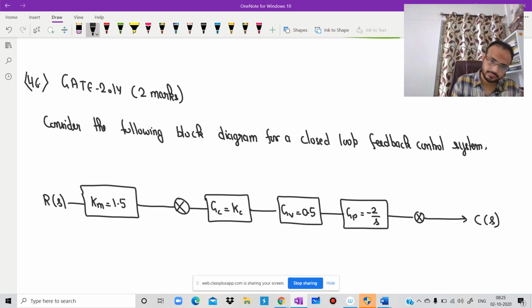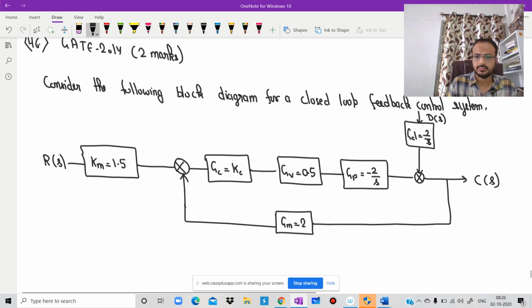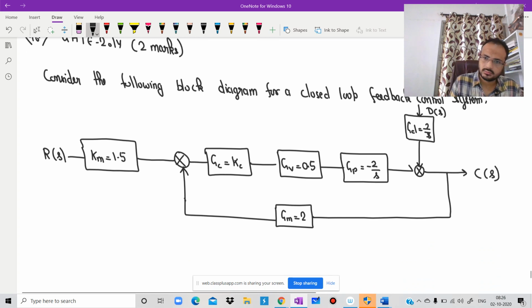C of s, GM is equal to 2, GD is equal to minus 2 by s, D by s, plus minus.